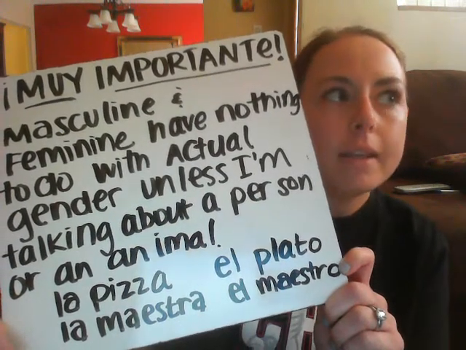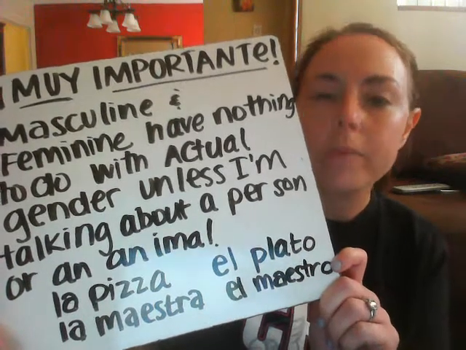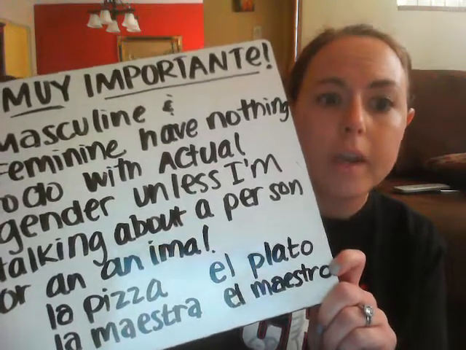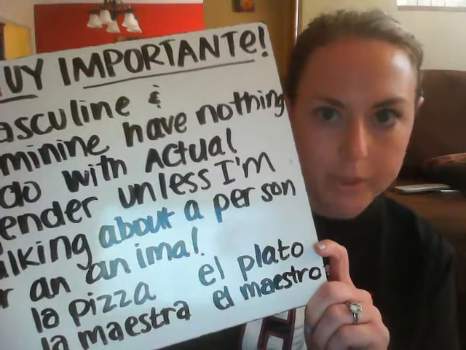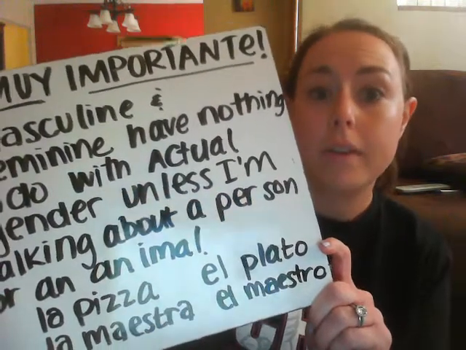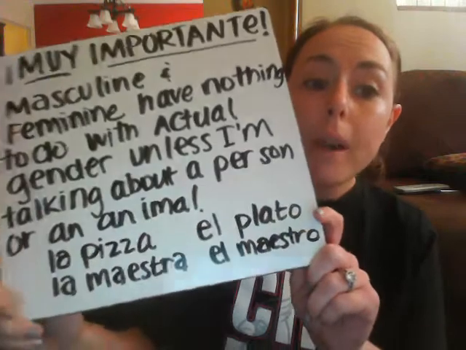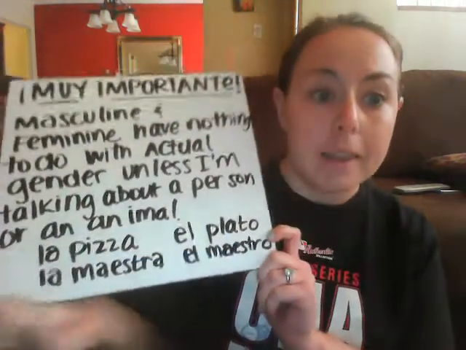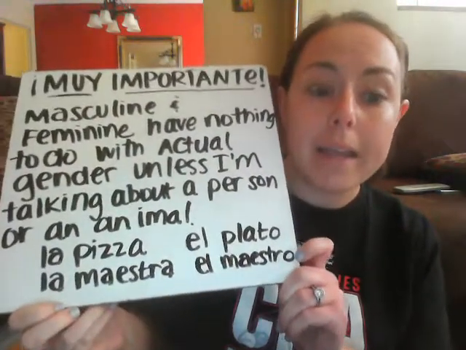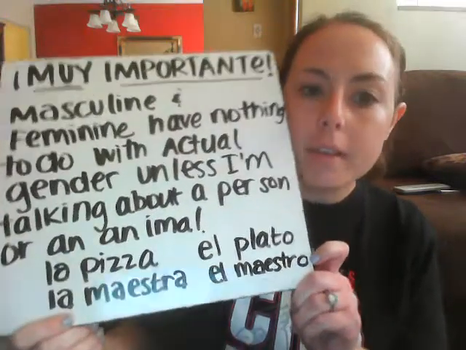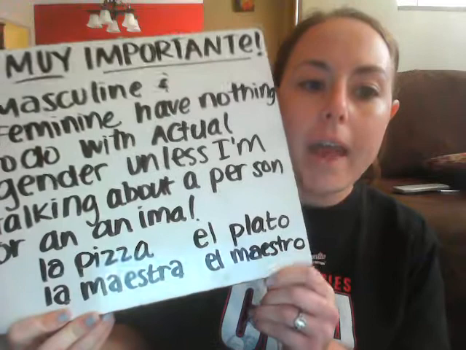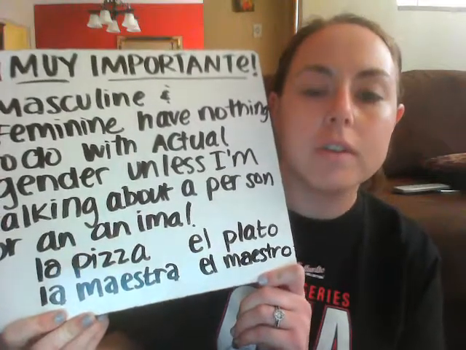It just means that in Spanish, nouns have gender, but they don't always have to do with gender as we see it. Or like el plato for the plate. It doesn't mean that the plate is a boy. It just means that this is a masculine noun in Spanish. But when I'm talking about a person, like la maestra or el maestro for teacher, la maestra in this case does indicate that the teacher is a girl, and el maestro indicates that the teacher is a boy.